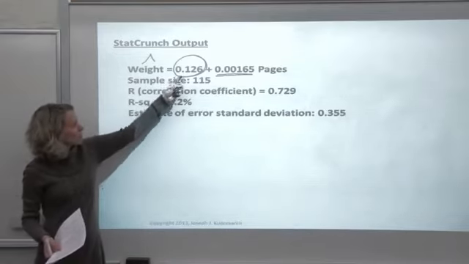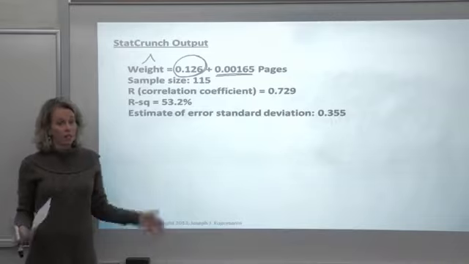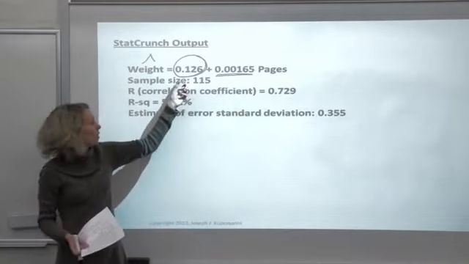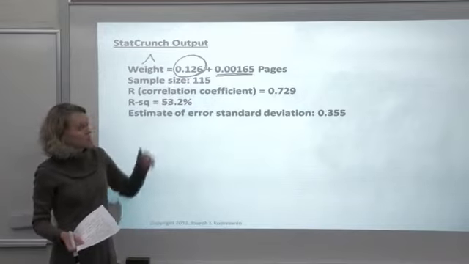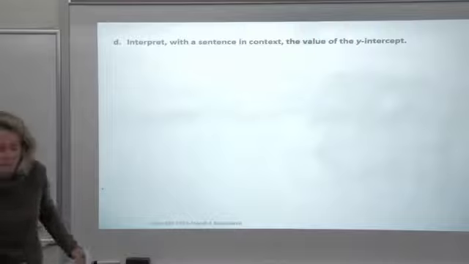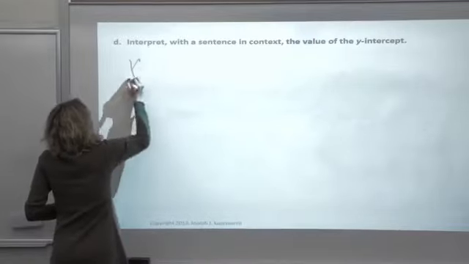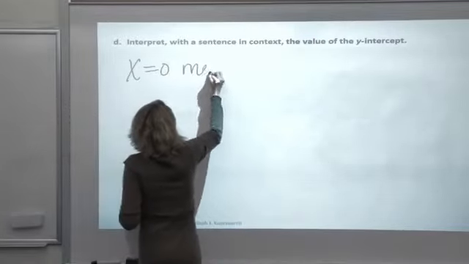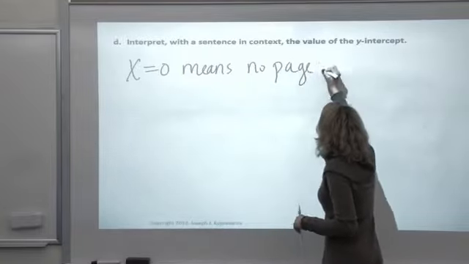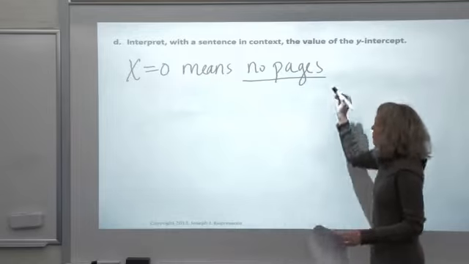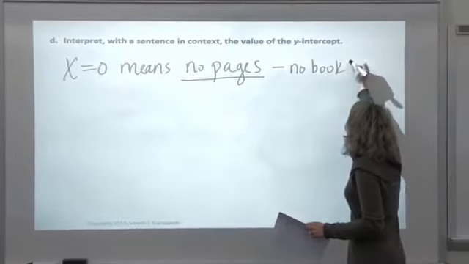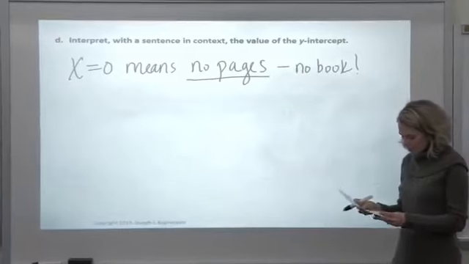So for this one, the y-intercept is simply a point on the line. That regression line will go through the point 0, 0.126. But it's meaningless to interpret that. So x equal to 0 means no pages. Can't have a book with no pages. So we won't interpret this.